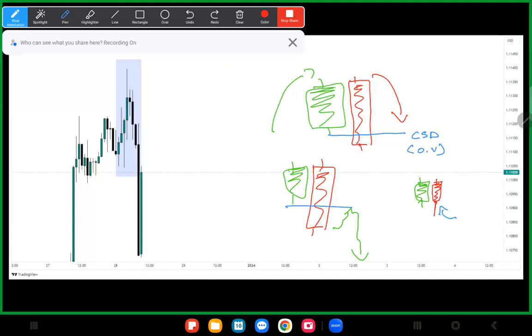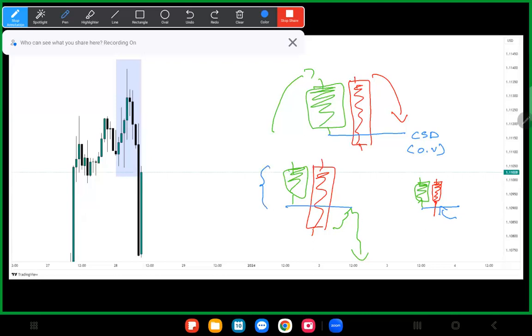So let's say that we have something like this. We're not necessarily leaving that balanced price range with speed, so that makes it a little bit less probable for us to see those expansions from that level. We could still see them, but this would be a much better scenario for the logic that I gave you here.